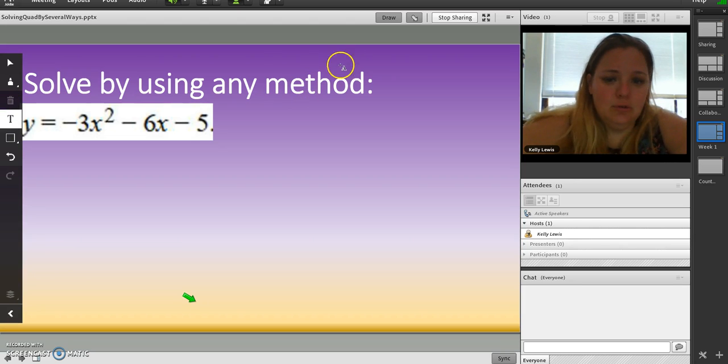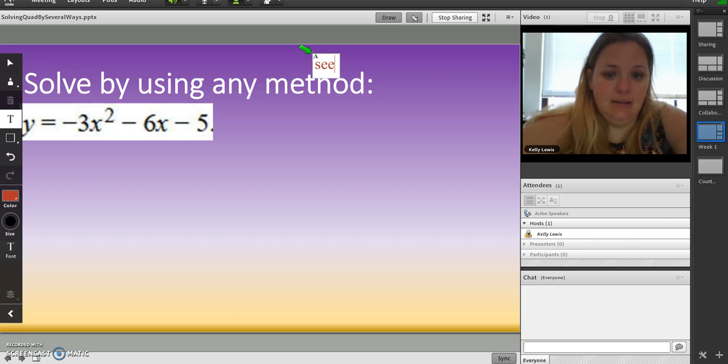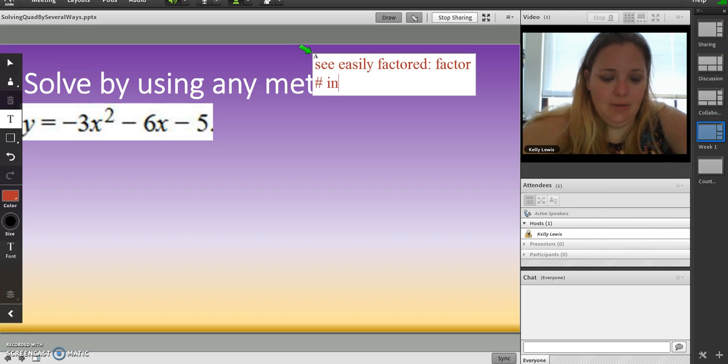My personal general rule is, if I can see that it's easily factored, I factor. If there's a number in front, I use the quadratic formula.